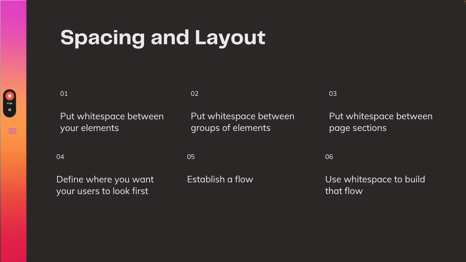Make sure you establish a flow that corresponds to your content's message. So again, whether it's following a logical sequence in terms of capturing customer data, for example, or whether you're providing feedback to a user and a set of instructions, make sure that flow corresponds to what you're trying to get across. And then also make sure, again, to use white space to build that flow more effectively.